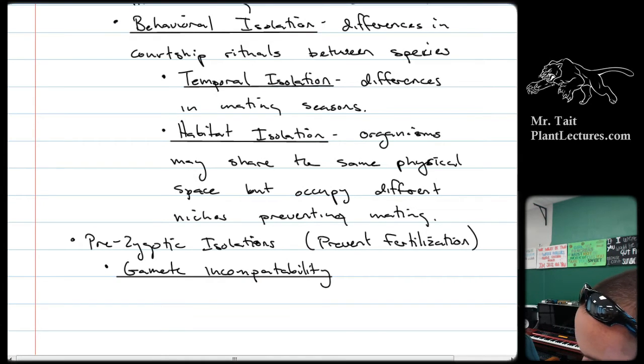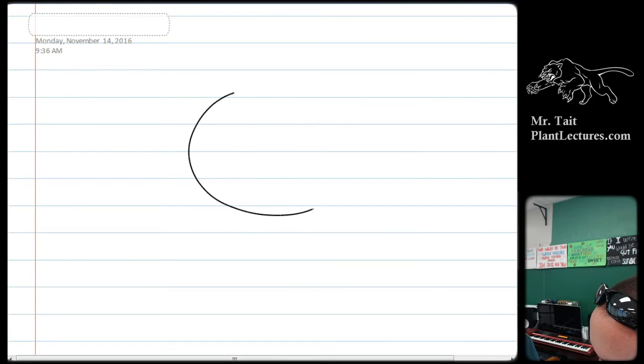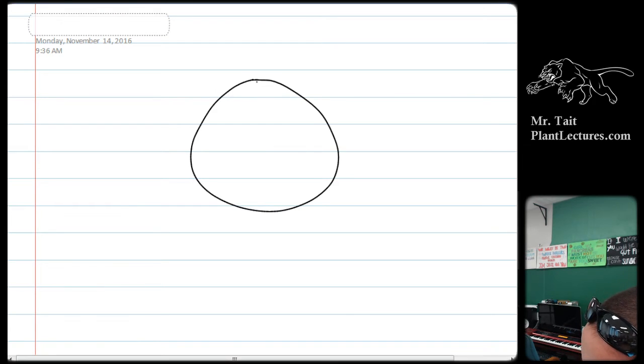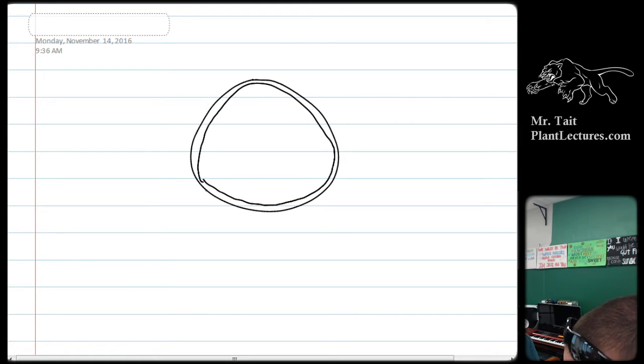And you probably didn't learn this in Hope, so I'm going to take a second, do a little bit of sex ed. You guys don't have to draw this. Okay, so here's an egg, right? And the egg is surrounded by a membrane of proteins, like this. Okay, and so you guys have probably seen the Discovery Channel stuff where you've got all the sperm cells.